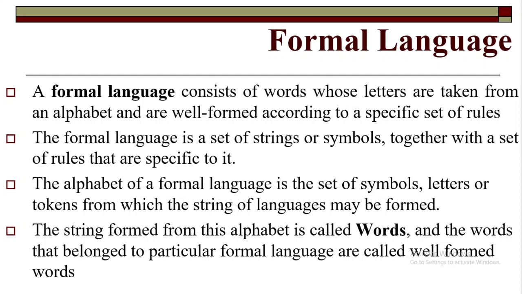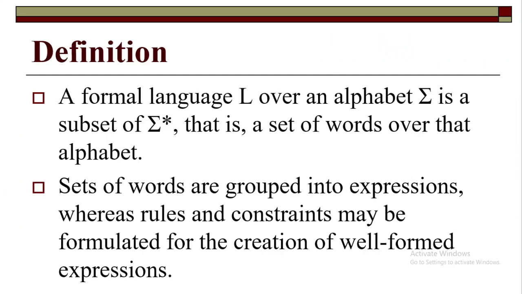So using this alphabet, that is a set of symbols that can be used in the language, and with the set of rules for creating the strings or words in the language, we are creating some words by the rules that are specified to create a formal language. So those words are known as well formed words.